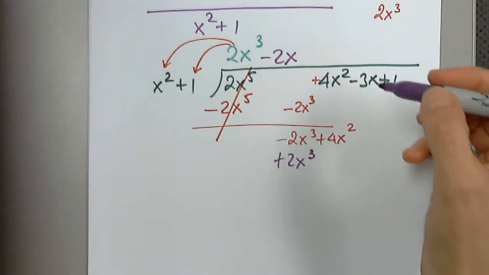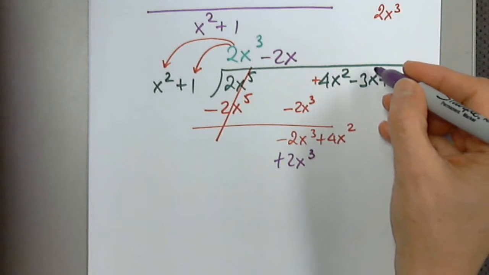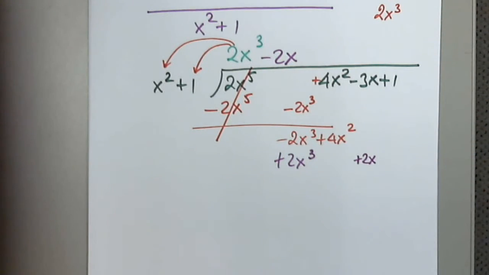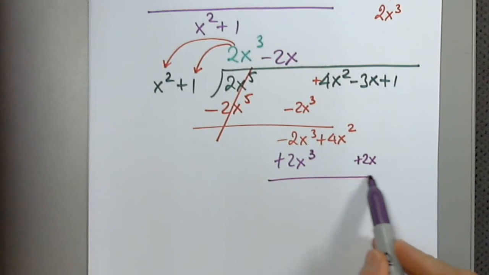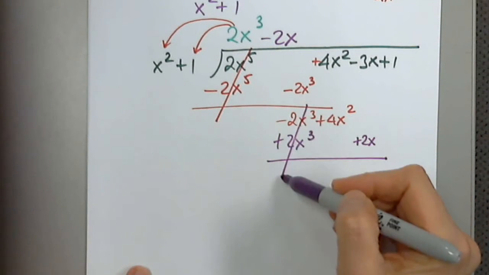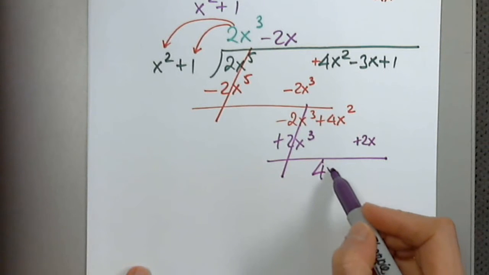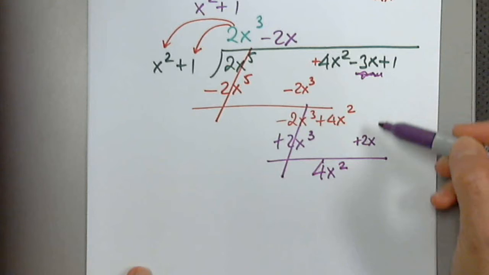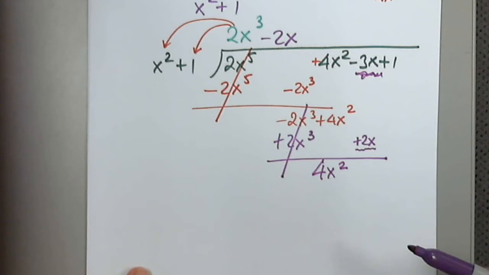Plus 2x I have to write, but I cannot write it here. I have to write it here, under like term. This goes away. I have to copy 4x squared again. And now I'm here with this and this. So it's minus x.